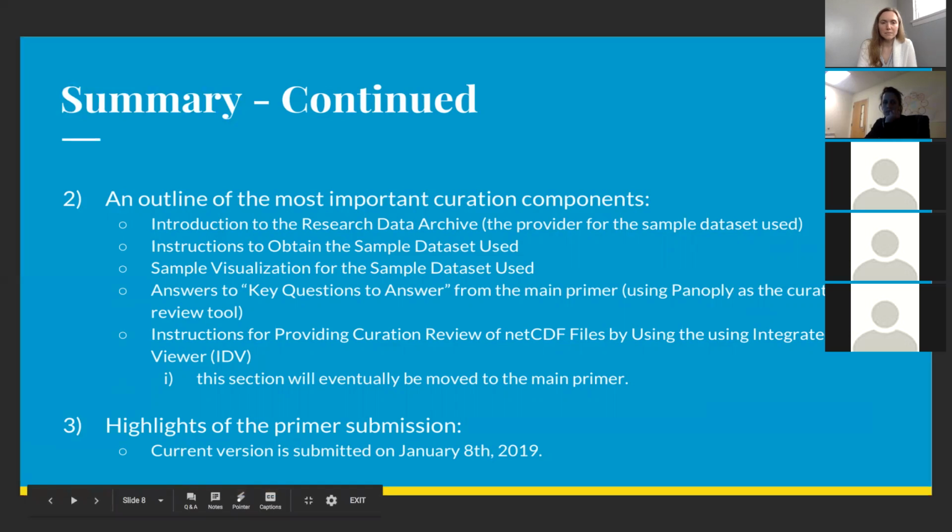Then I explained to the potential users of the primer how to follow along to get this sample data set. And to make sure that users get the same results that I am presenting, there's also a sample visualization that the potential user can compare with my process to make sure they got to the right place before they start the curation process.